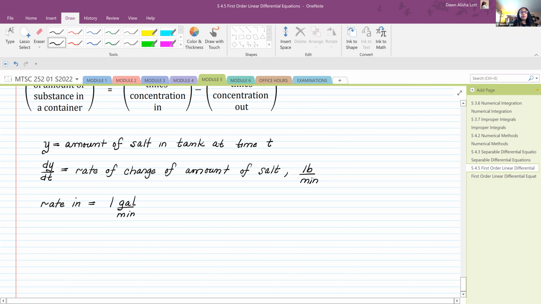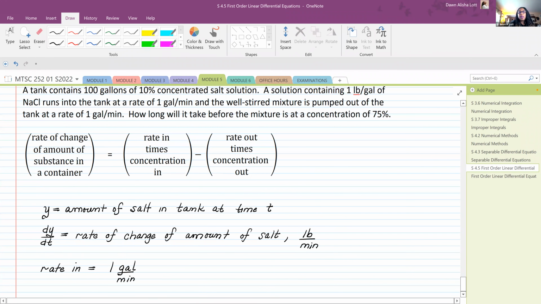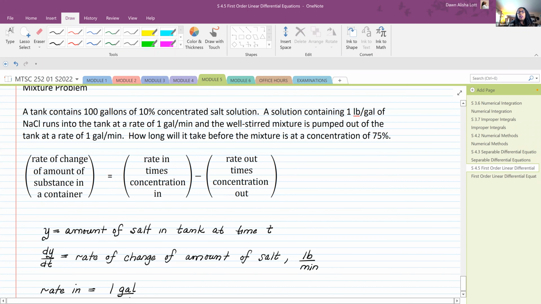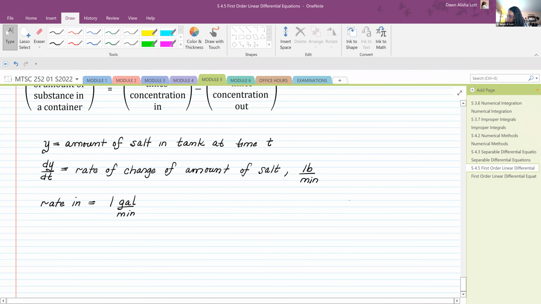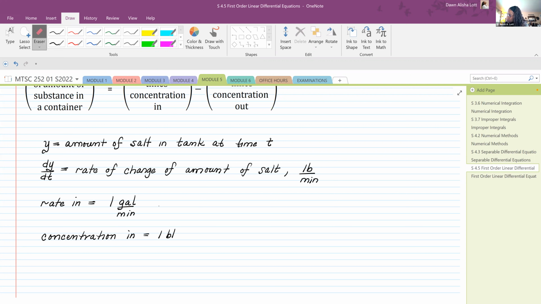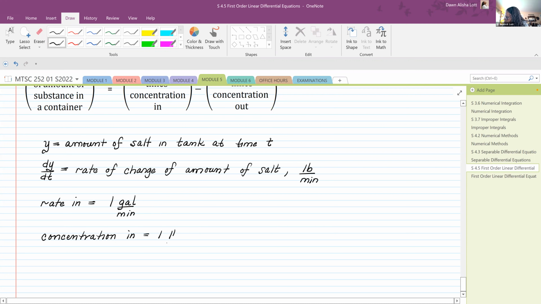And then the concentration coming in is 1 pound per gallon. So that's the rate in, the concentration in. So that is 1 pound per gallon.